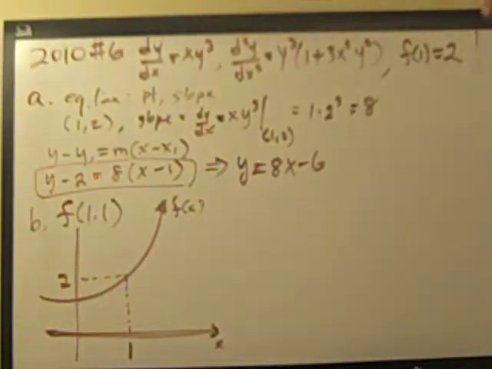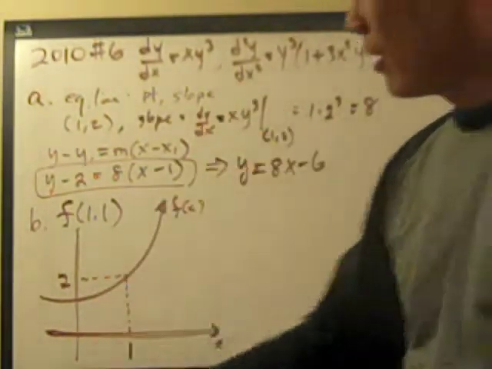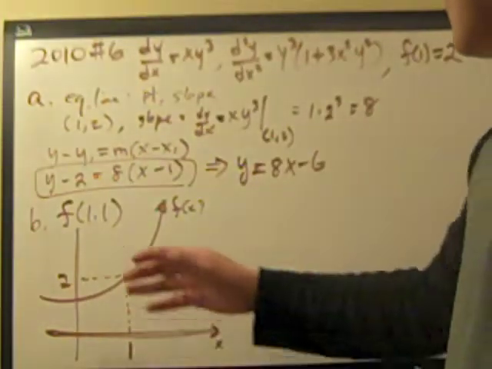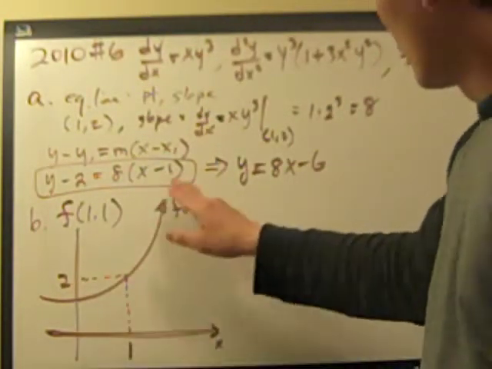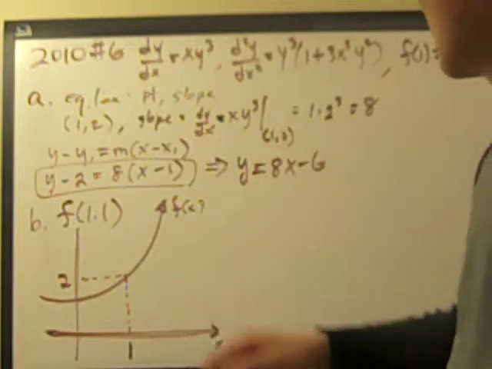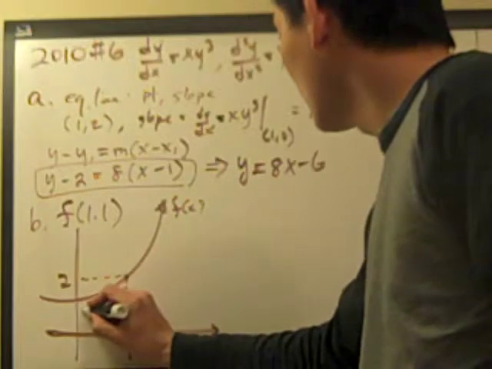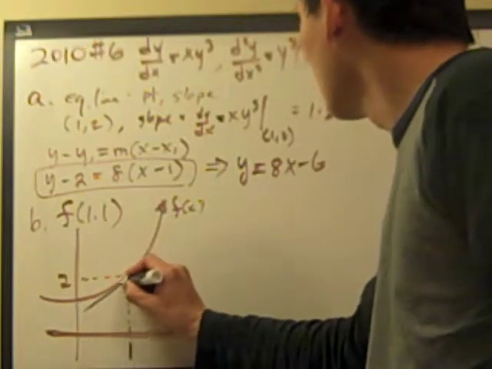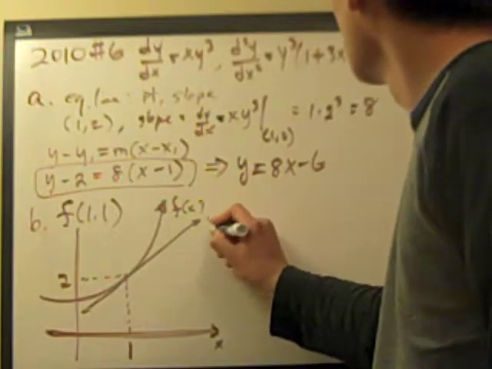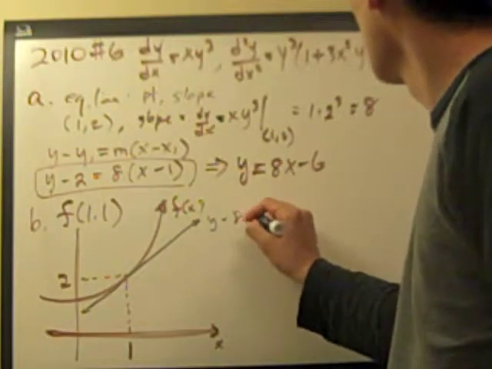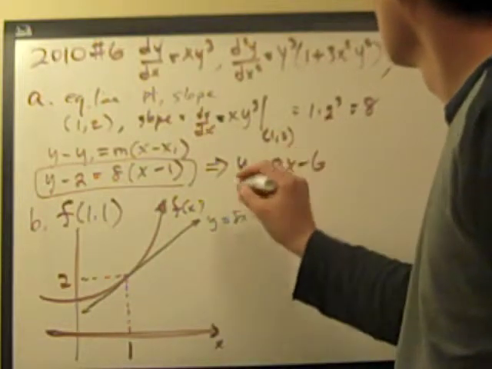And remember, from part A, based on this differential equation, we found the equation of the tangent line, which is this line right here. This is y equal to 8x minus 6. This is this graph.